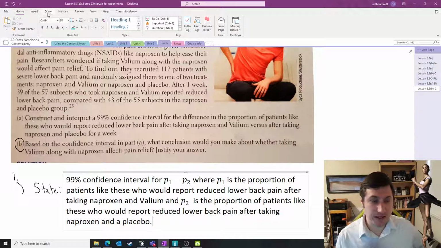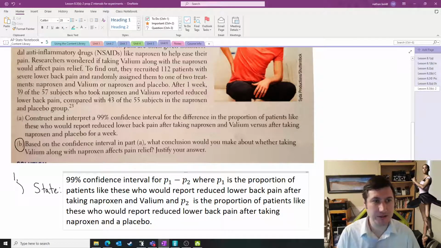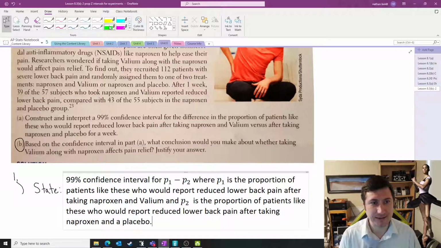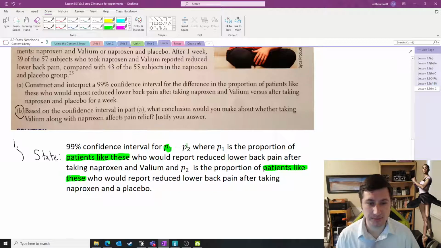Basically, we're just saying, hey, we're doing a 99% confidence interval for P1 minus P2. Then we have to say what P1 and P2 are. We have to label our variables. Now, a couple of important things in that sentence that might not seem like they're important. Patients like these, I put that in both of the contexts here. That is important because you're talking about P1 and P2, which are population proportions.